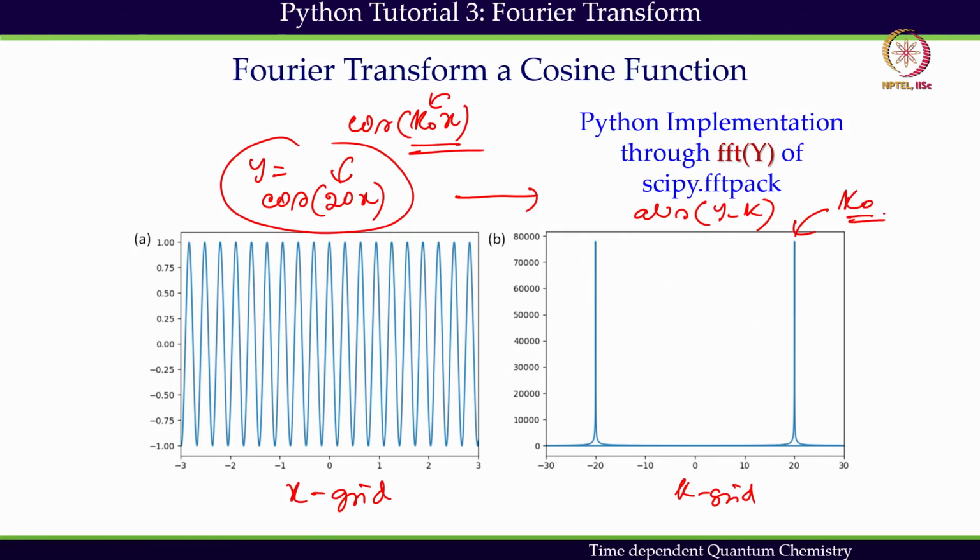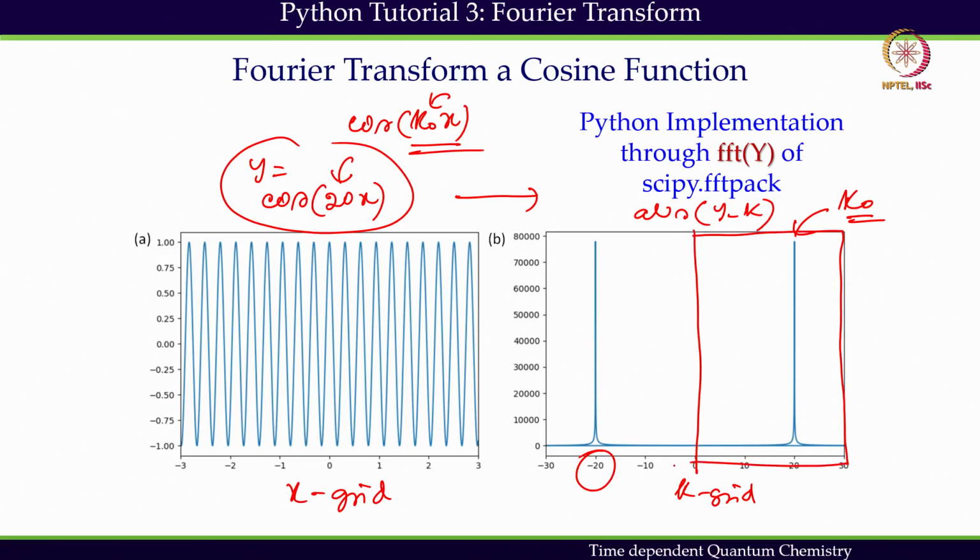So we have a single frequency 20, but it is showing up in the negative regime also. This negative and positive part is just a consequence of the Fourier transform. It has nothing to do with practical reality. For practical purposes, we can only note down the positive part of the frequency.